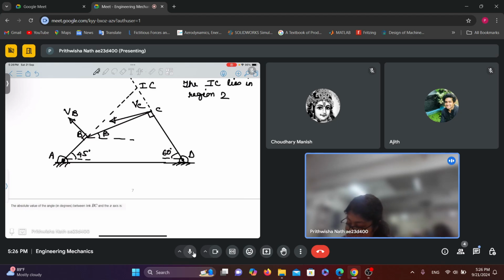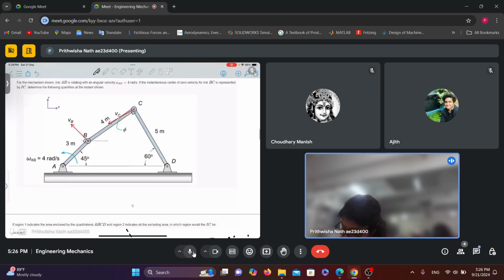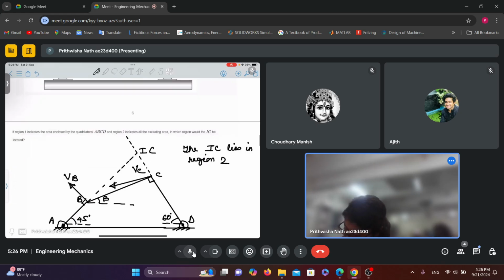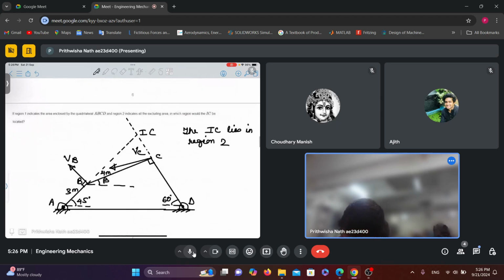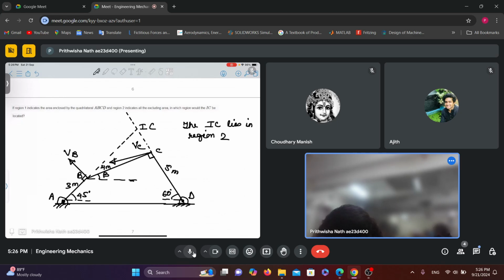So in the problem, it is already given. This length is 3 meter. This is 4 meter. And this is 5 meter. So this distance is what? 3 sine 45, right?